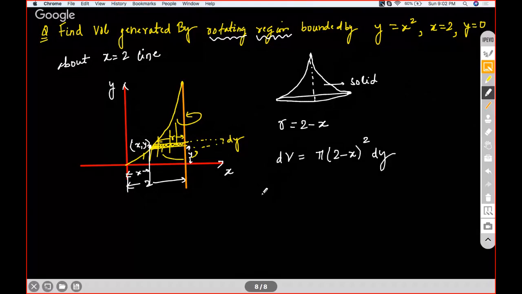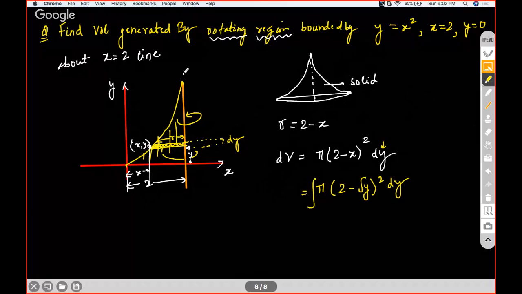But the problem is I'm integrating with respect to y and I'm keeping an x over here. So I should change that x to root of y, because y is equal to x square. Now I have to integrate this from 0 till I reach the head.